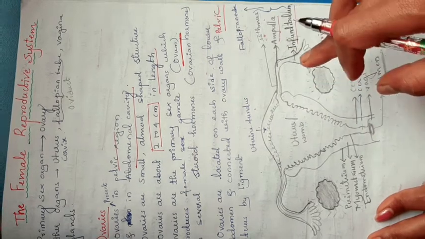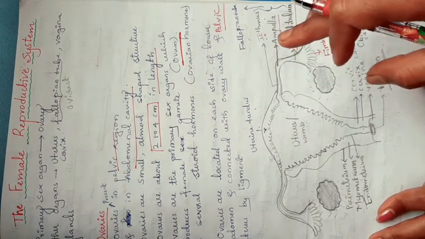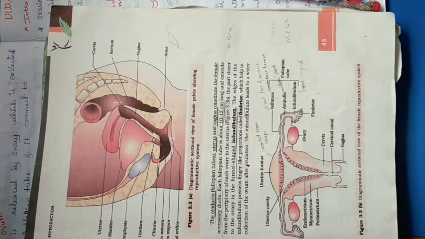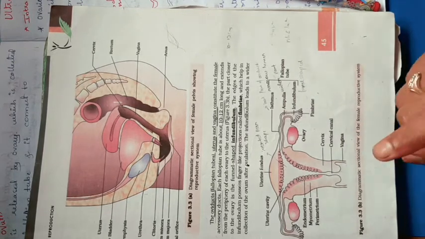Today we can discuss the ultrastructure of the ovary. You can see a clear picture in your NCERT book, figure number 3.3, the diagrammatic sectional view of the female reproductive system. Practice this diagram, it is very important.